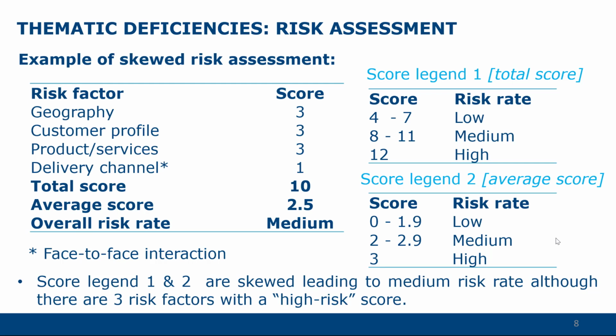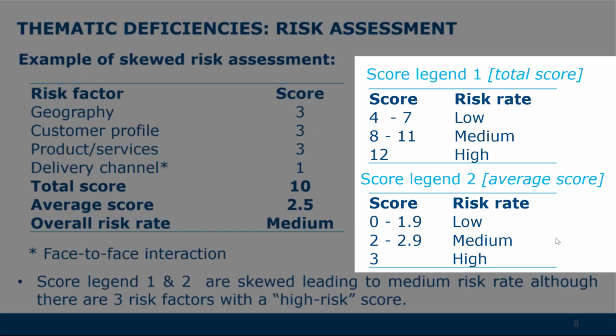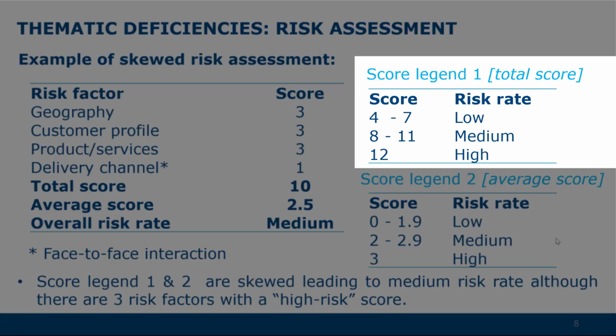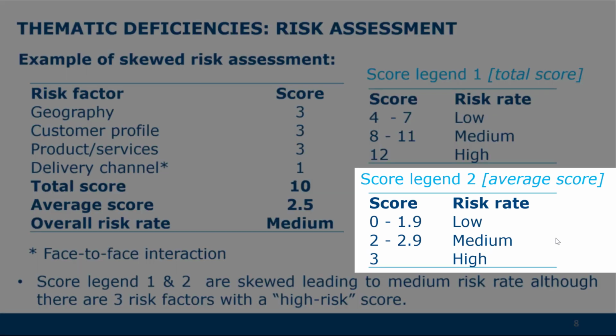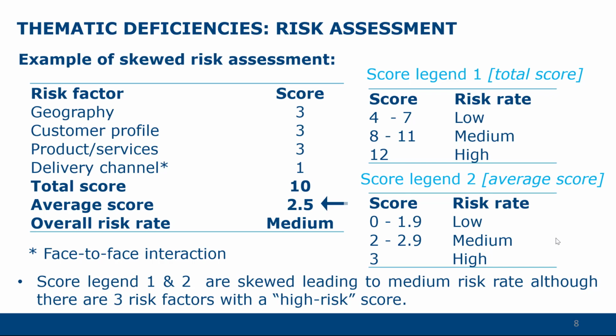And the overall risk rate is dependent on the score legend, which is on the right side of the screen. So the first score legend, which is based on total score, the total score of 10 would lie between 8 and 11, and hence the medium risk rate. The second score legend, based on average score, our average score of 2.5 is medium.